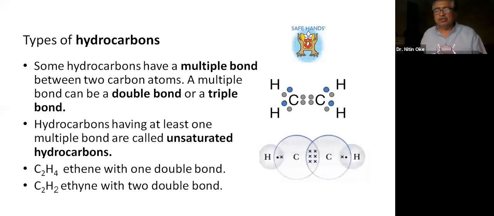This is the way how that two double bonds are represented. But in reality, it is like this. And for this, carbon changes itself in this way.